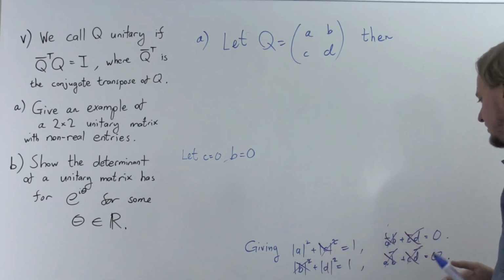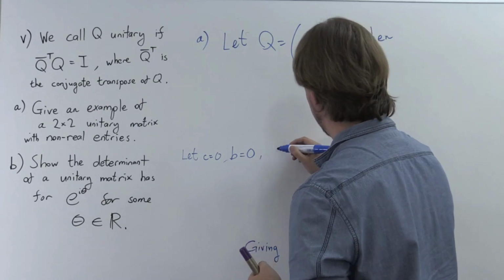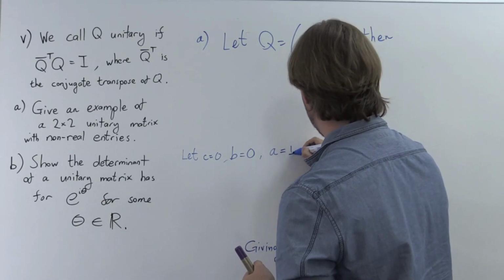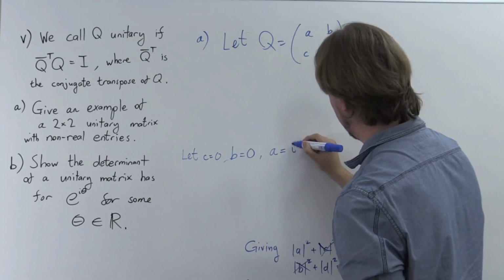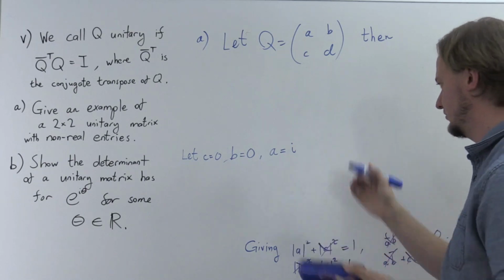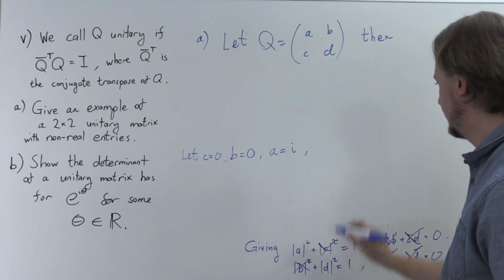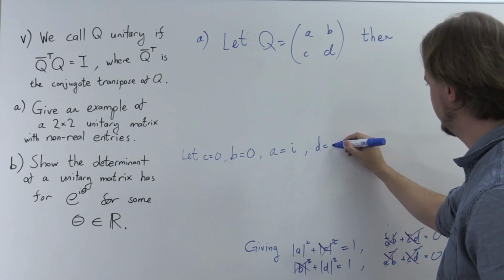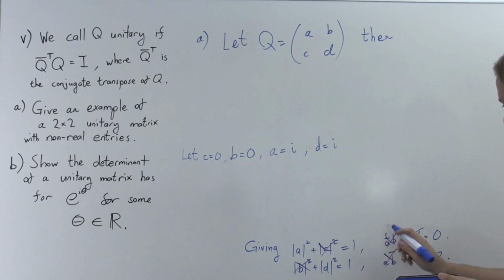And those are the only conditions I need to satisfy, so any complex number like that will work. So I might as well just choose, slipping into Maple notation, A equal I. That satisfies that, and it's not a real number. And D, again, I might just choose D equal to I as well. And this satisfies this condition and this condition.